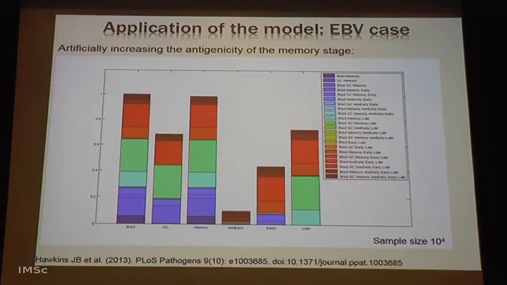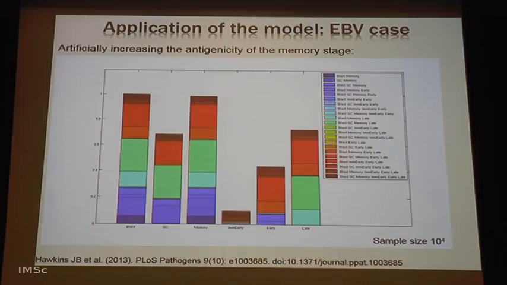So you all of a sudden make your memory stage a lot more visible to the immune system by modifying that parameter. And then you can, again, interrogate the model and see, okay, the model is telling me there will be an equilibrium and there will be a specific regulation profile attached to it. How does that look in that case when I artificially increase memory?